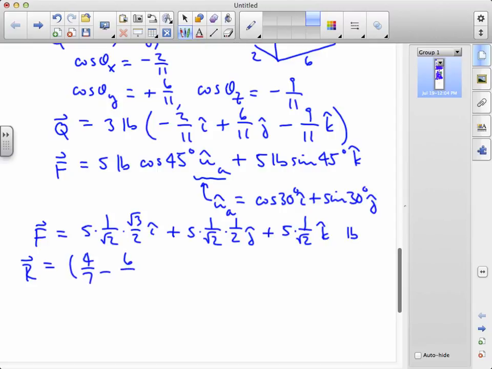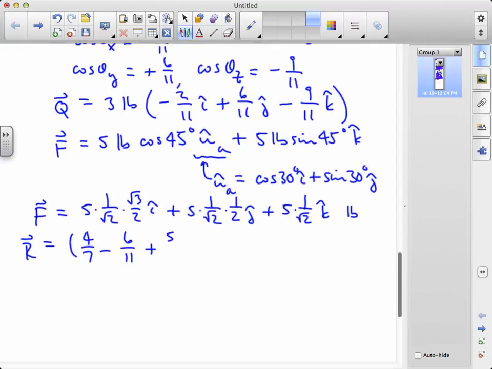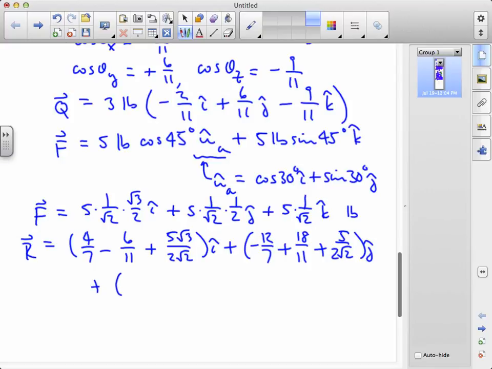Putting this all together, we have for our resultant 4/7 minus 6/11 plus 5 root 3 over 2 root 2 in I, plus minus 12/7 plus 18/11 plus 5 over 2 root 2 in J, plus minus 6/7 minus 27/11 plus 5 over root 2 in K, all in pounds.